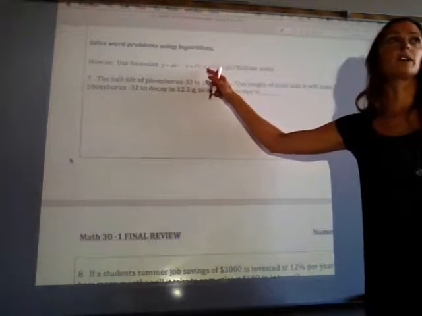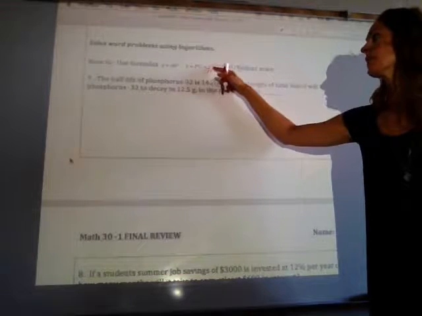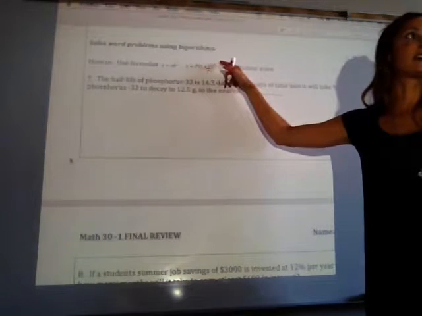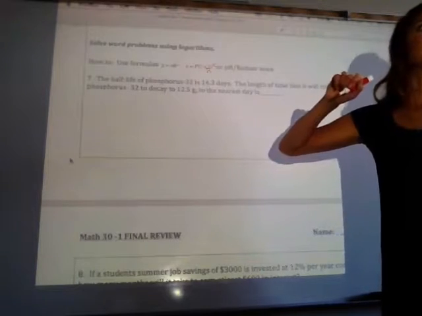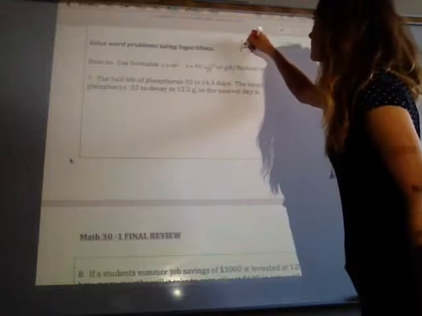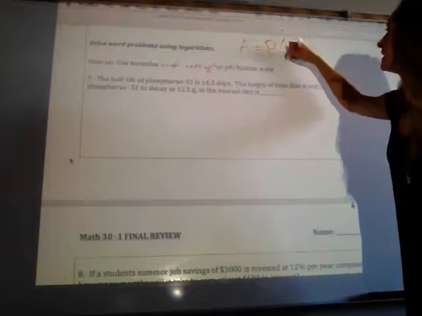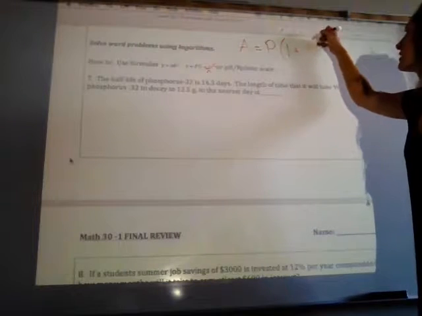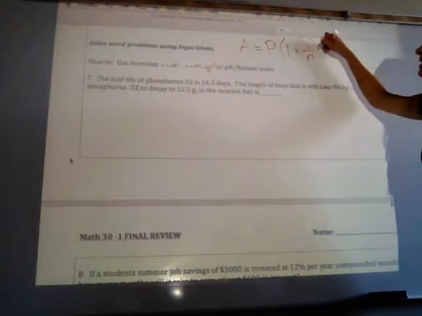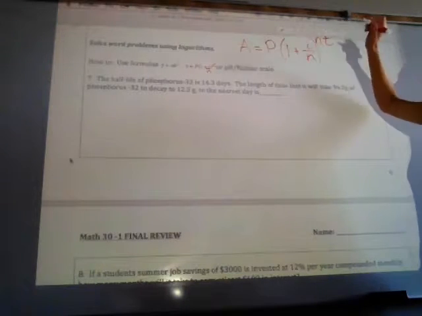P times 1 plus i, interest rate, divided by number of compound periods, all to the power of number of compound periods times number of years, t years. I'm actually going to change that y to an A as well, because that's the final amount. A equals P times 1 plus interest rate over number of compound periods, to the power of number of compound periods times t years.